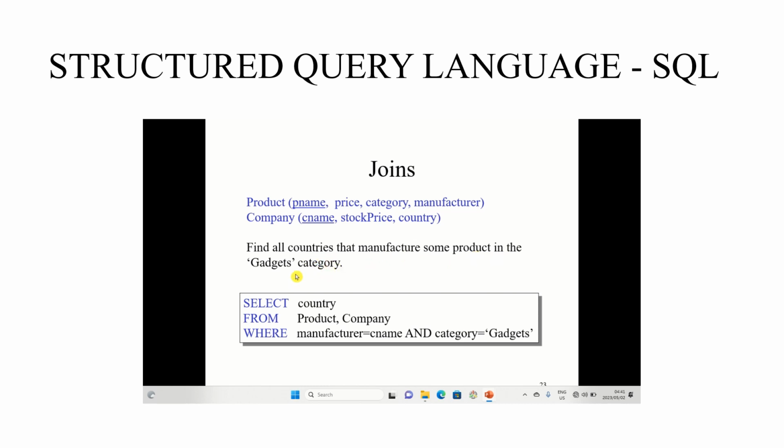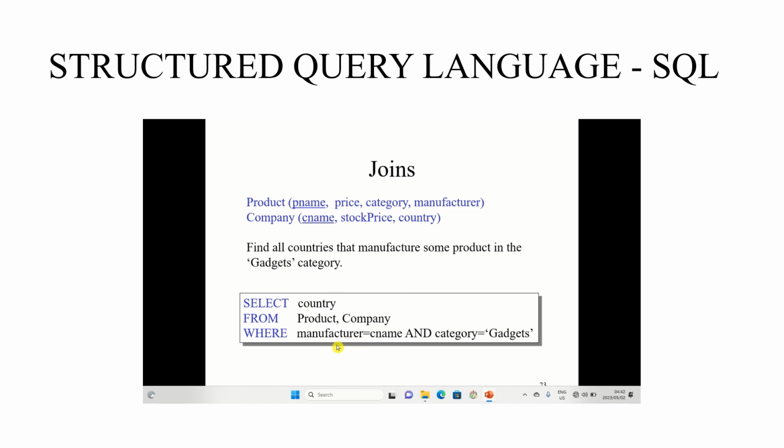See, gadgets. Find all countries. So the only attribute we are listing is country. It's a country. From, but both tables are touched upon. So with the join underway, the two connecting attributes are manufacturer and company name. So say manufacturer equals name. Then add the other condition.